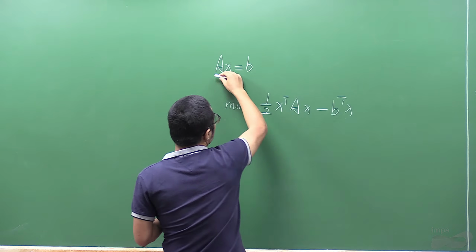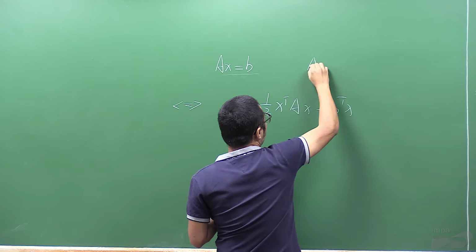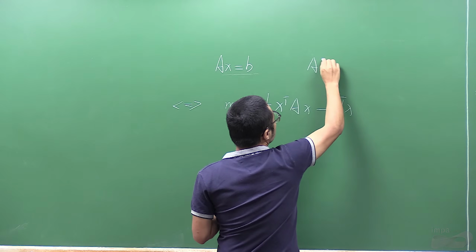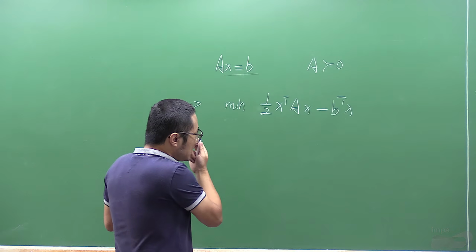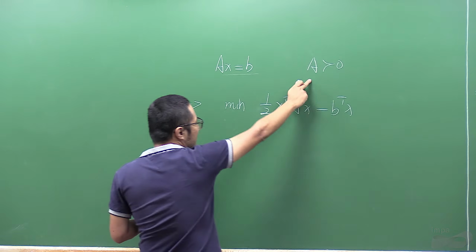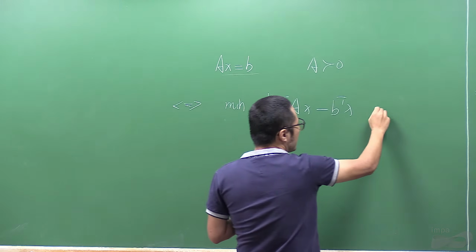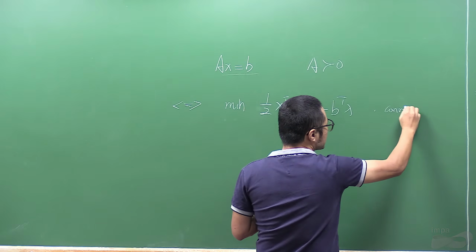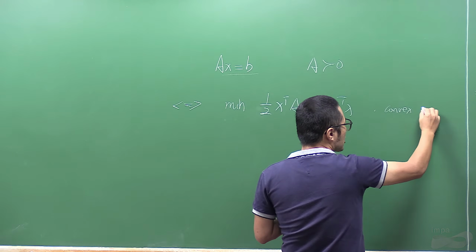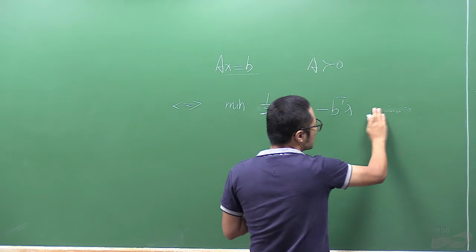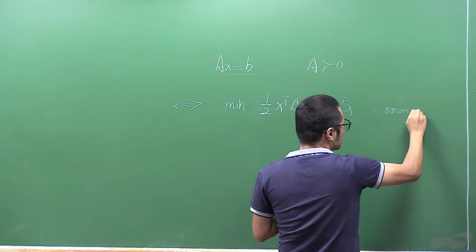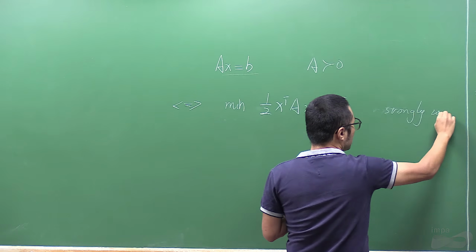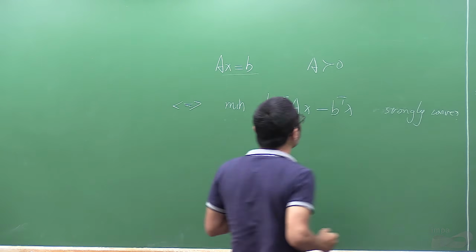For example, if we assume that A is positive definite, then this problem is convex and of course quadratic. Actually, this is strongly convex.